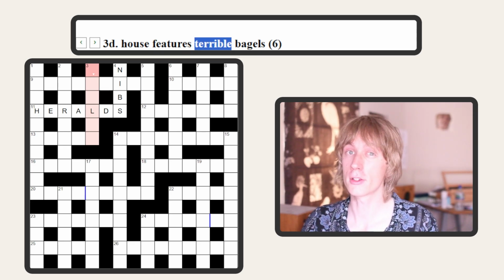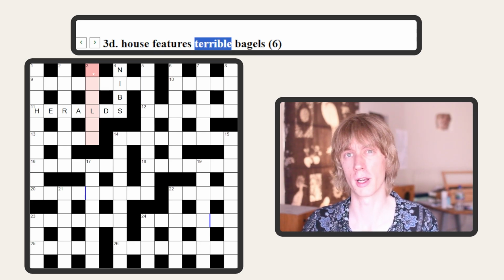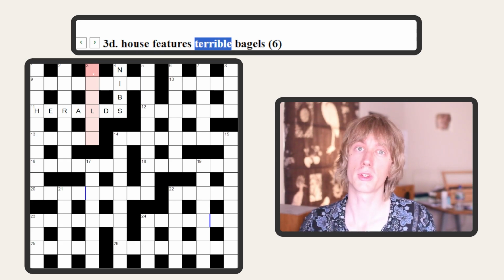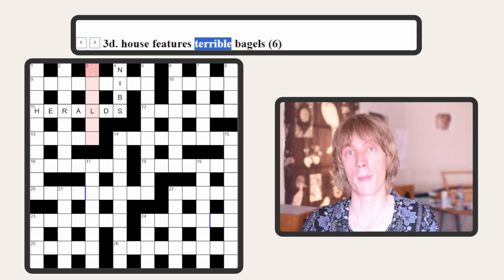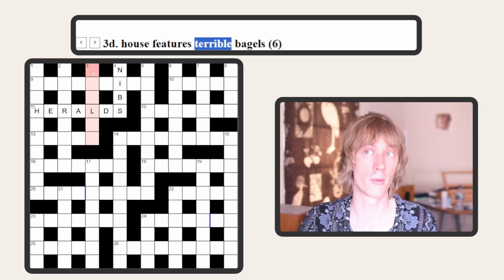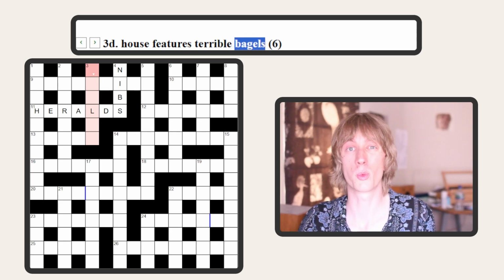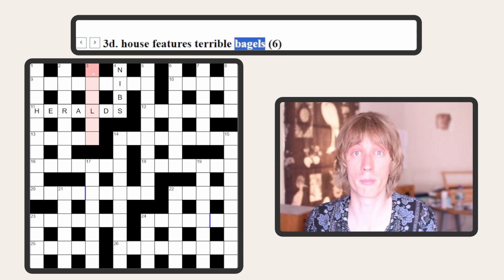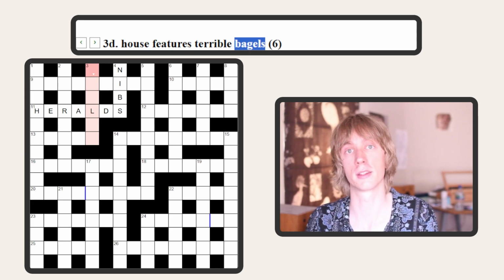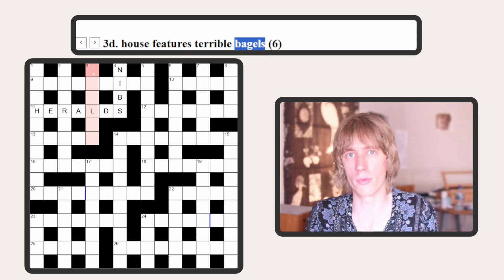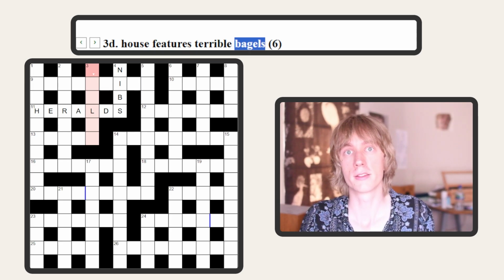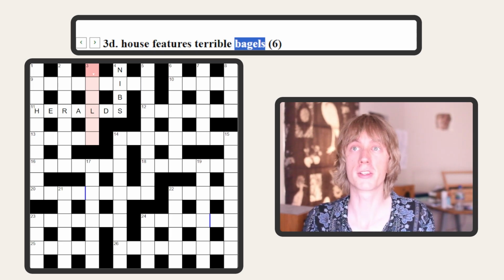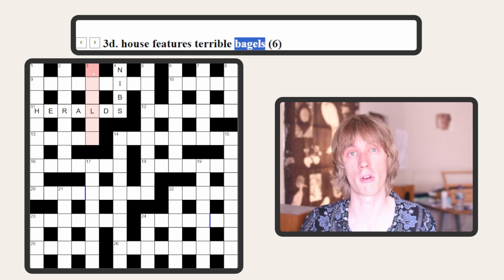And here's a really good trick with anagrams in cryptic crosswords. You can't anagram indirectly. That means we can't take a word, so if we were looking at bagels, we can't switch bagels to a synonym, I don't know, bread, and then anagram those letters, because it's not fair, right? That could lead us to almost anything. So if you see an anagram, it must be a direct anagram. That means we're anagramming the exact letters as they appear in the puzzle.